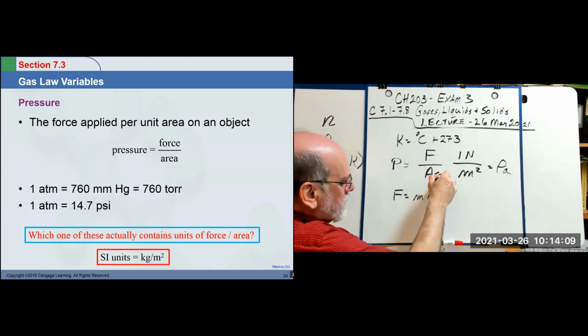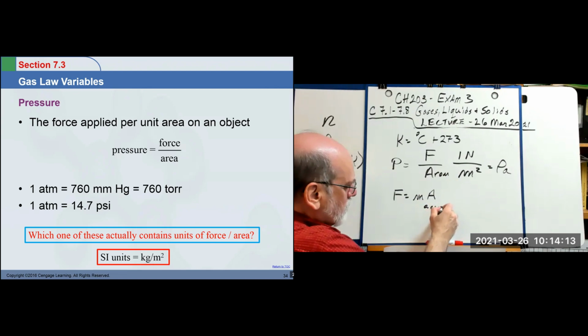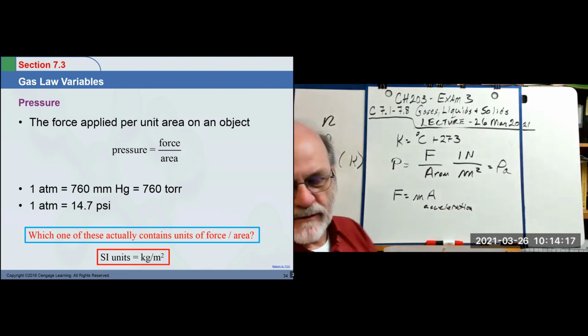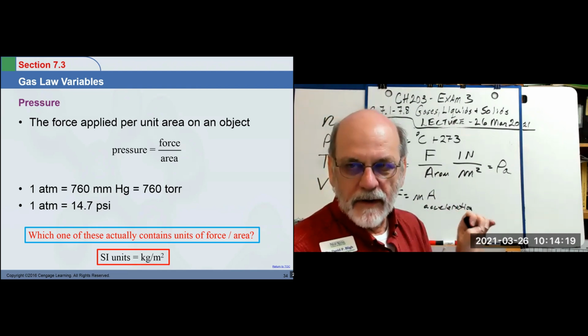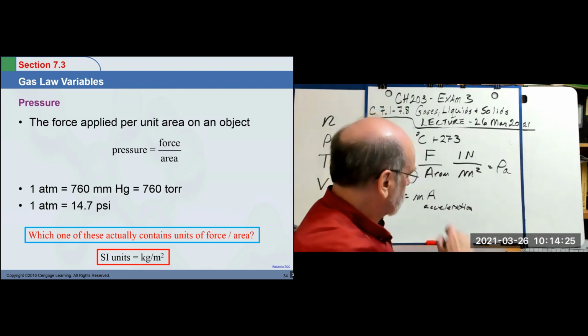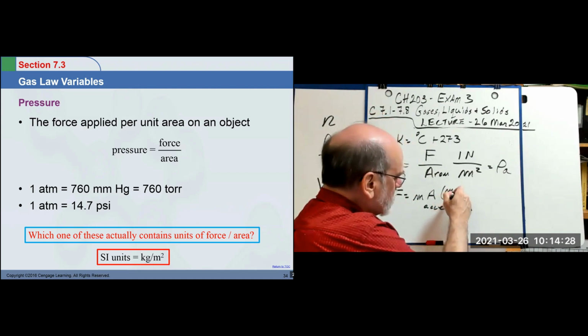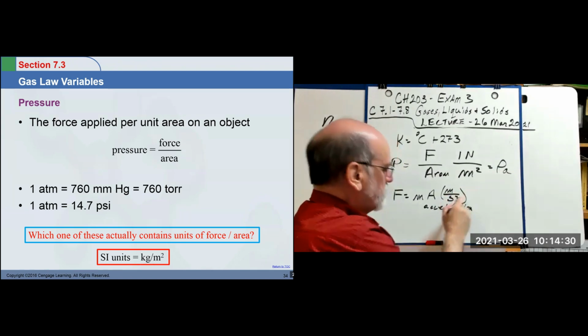This is force, this is mass, this is acceleration. Acceleration is measured in meters per second. That is, how does the velocity change over time? So this would be in terms of meters per second squared.